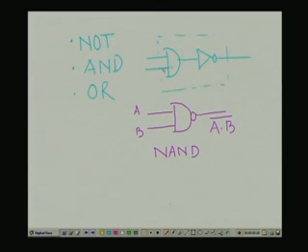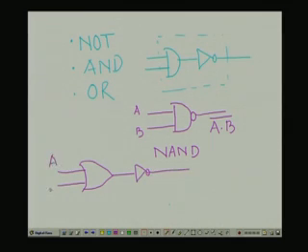Similarly, if instead of the AND, I take a 2 input OR, then what will happen? I take a 2 input OR and I put a NOT gate here. So, this is my A, B. So, this is A plus B, and this will be A plus B complement.